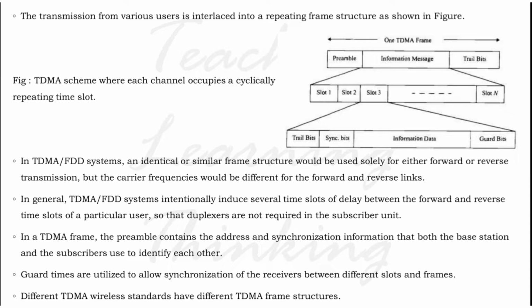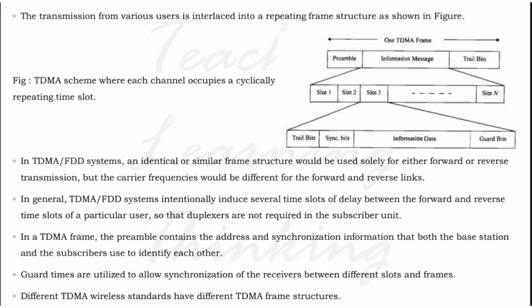A TDMA scheme is one where each channel occupies a cyclically repeating time slot. Before, we talked about the TDMA TDD system; here we are talking about the TDMA FDD system. An identical or similar frame structure would be used solely for either forward or reverse transmission, but the carrier frequency would be different for the forward and reverse links. So in frequency division duplexing in TDMA, we use different frequencies for the forward and reverse links.